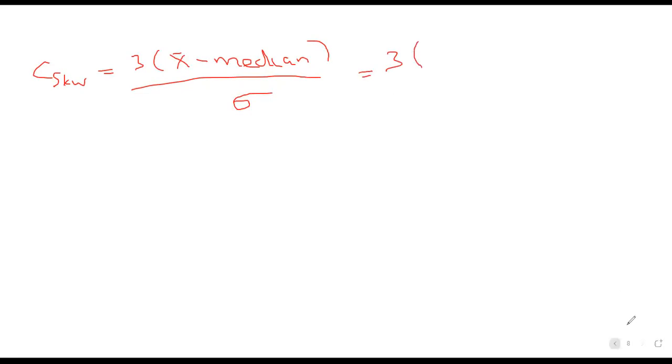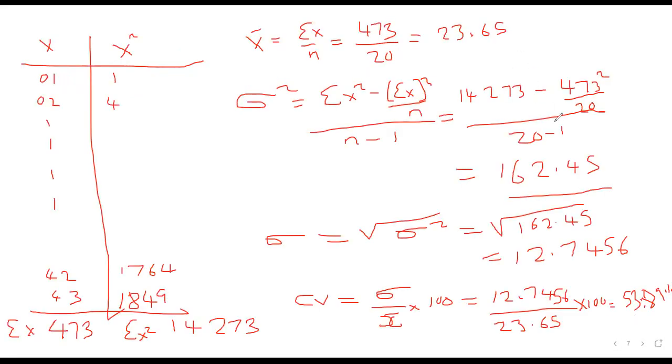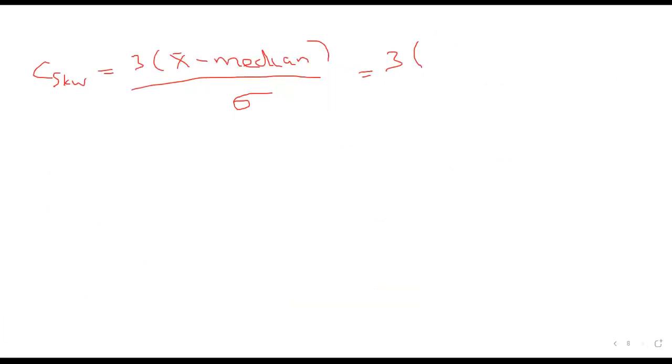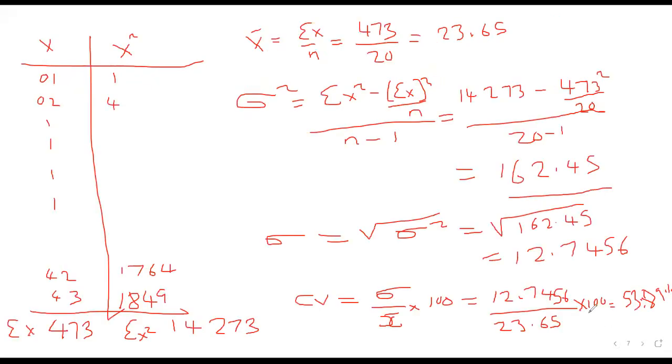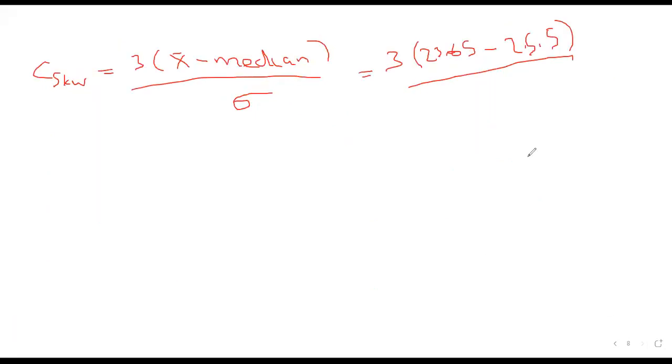Our mean we found already as what? 23.65. And our median was 25.5. Then our standard deviation, we are just calculating it as what? 4.7456.